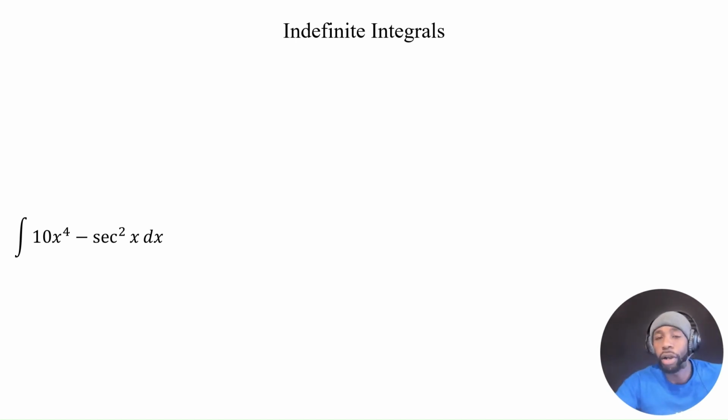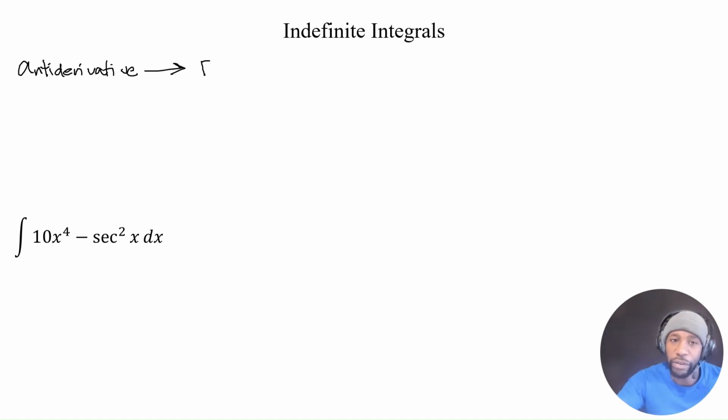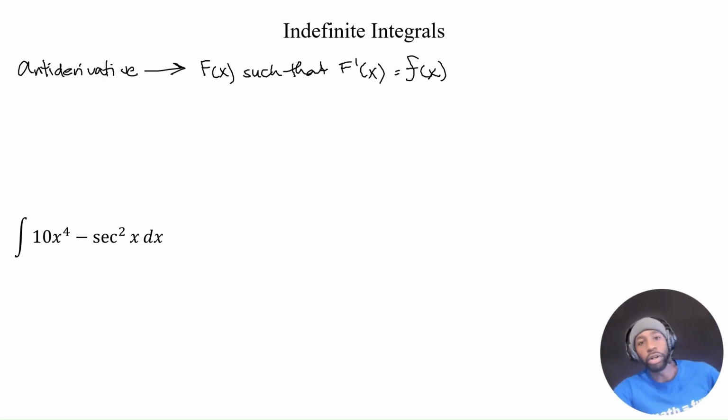So, indefinite integrals are very much related to antiderivatives, but I'm going to start out by explaining the difference between those. So let's talk about antiderivatives briefly. An antiderivative works like this: it is big F of x such that the derivative of big F of x is equal to little f of x, in other words, your original function.